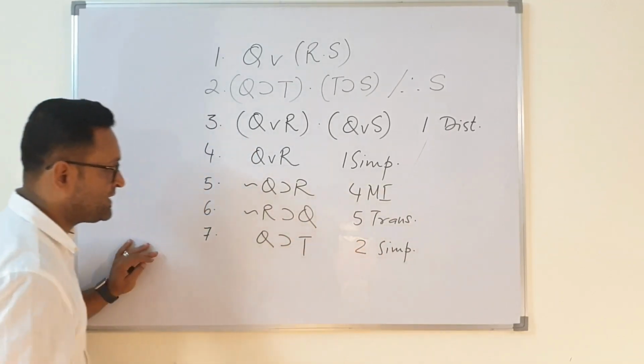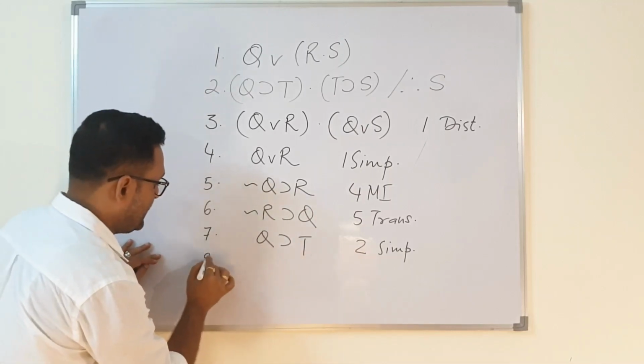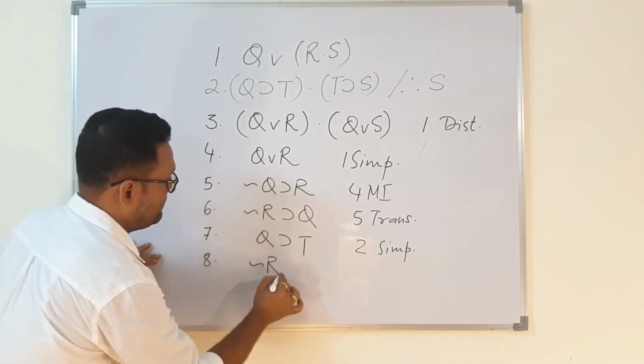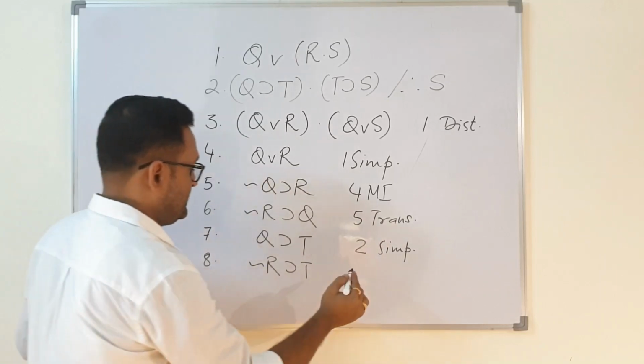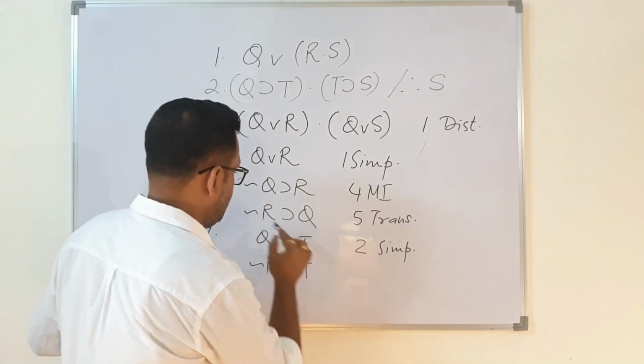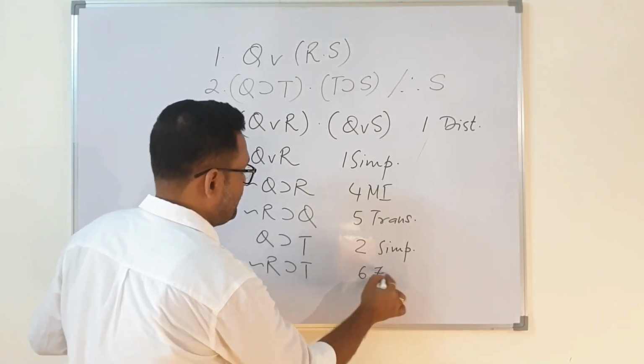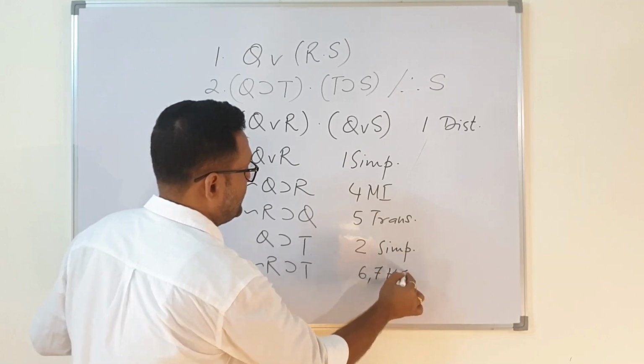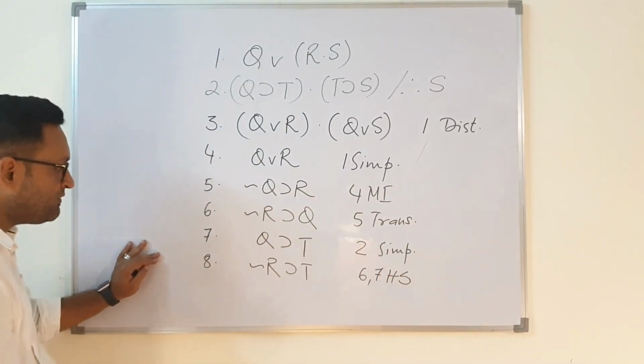So if I use this step, I will find negation of R implies T. So this will be 6, 7 hypothetical syllogism. Fine.